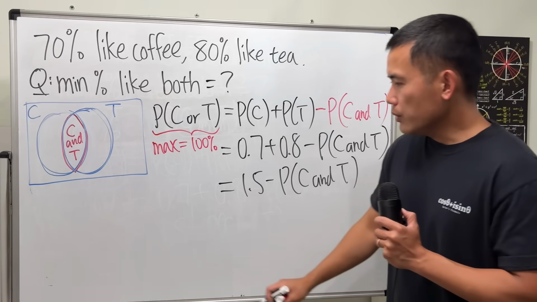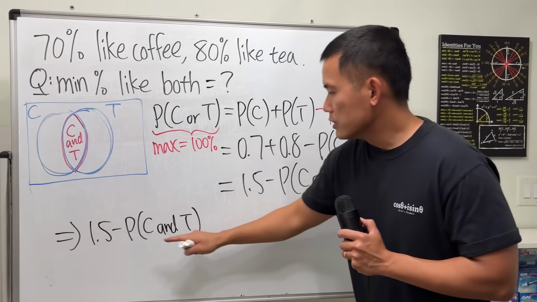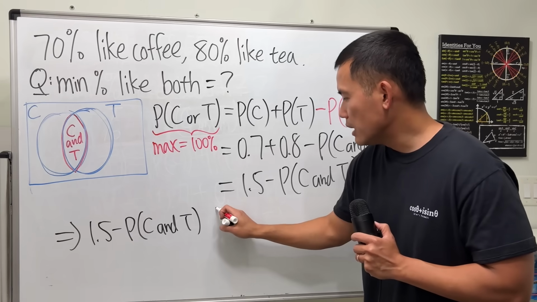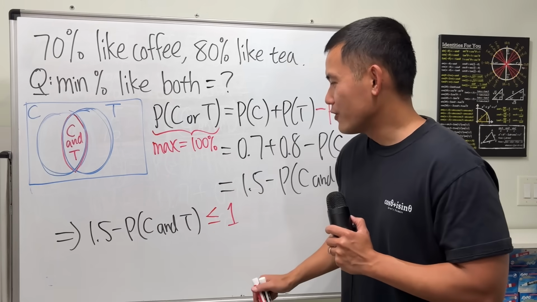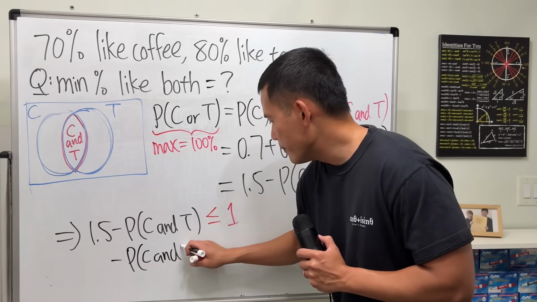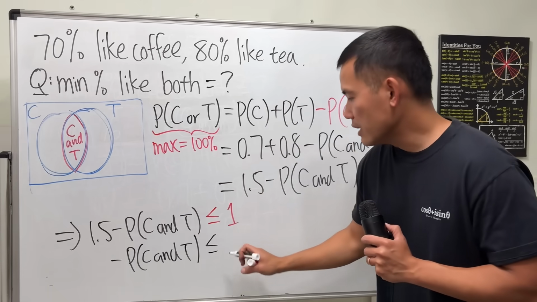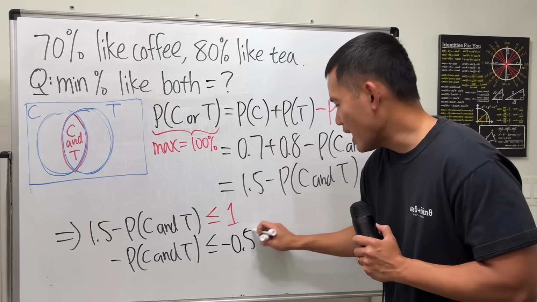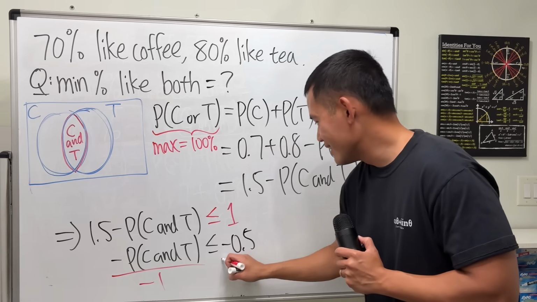So what we are going to get is the following. Because the maximum is equal to 1, we know this right here has to be less than or equal to 1. Now let's subtract 1.5 from both sides. So that's negative P of C and T, which will be less than or equal to 1 minus 1.5. That's negative 0.5. Guess what we will do next? We divide both sides by negative 1.